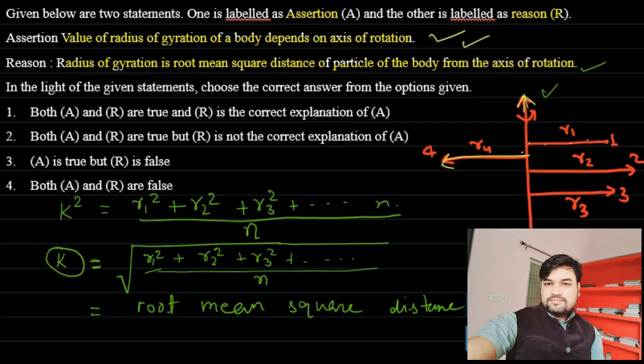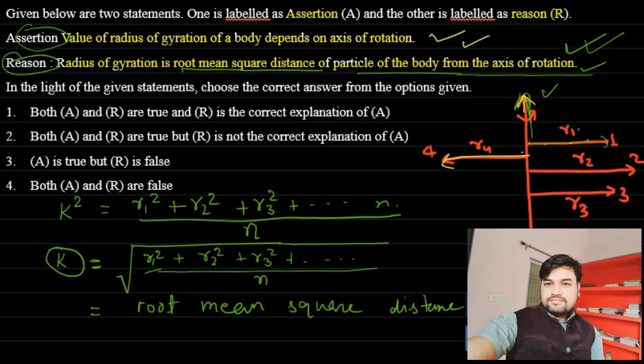And the reason is the correct explanation of the assertion. Why? Since from the axis of rotation we can measure the distances r1, r2, r3 and so on.